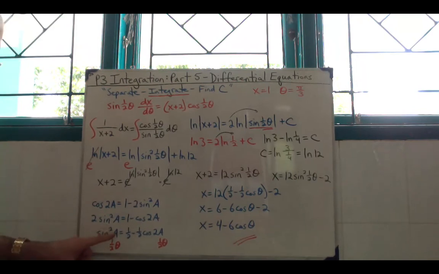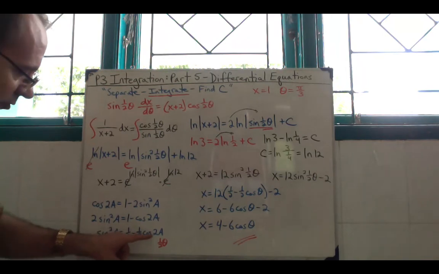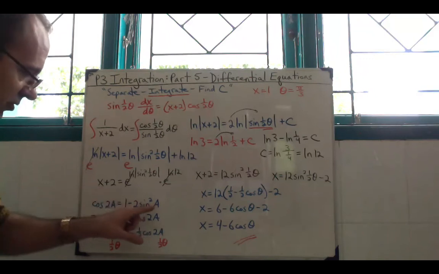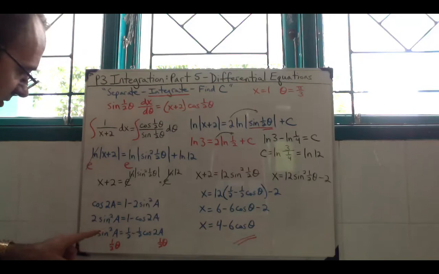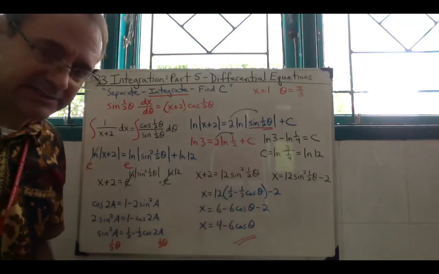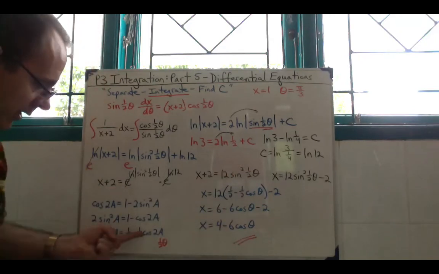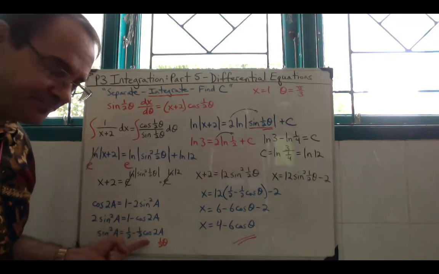So sine squared a equals 1/2 minus 1/2 cosine 2a. So I kept using the a, kept it in its identity form until I get the sine squared by itself. So now we have sine squared going to cosine.